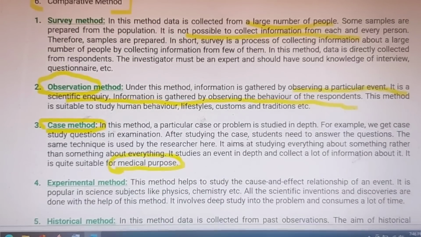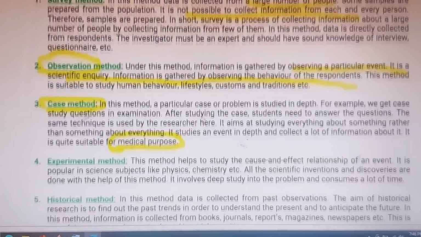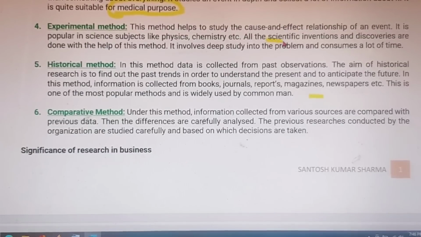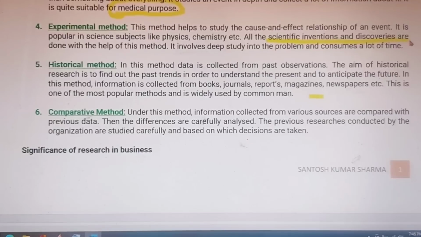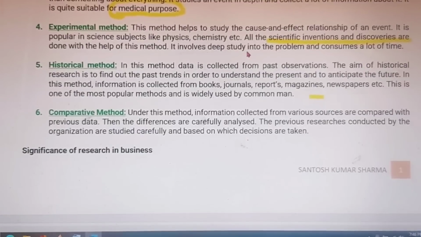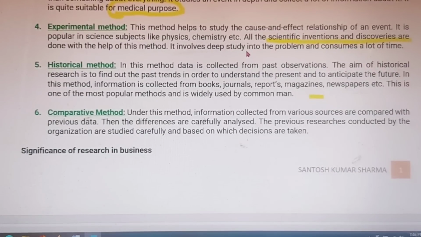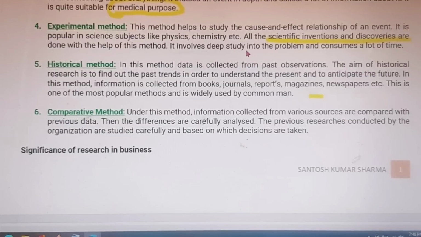The next method is experimental method. As the name implies, here the researcher does an experiment, and this method is applicable to scientific inventions and discoveries, where experiments are done and the conclusions are derived on a concrete base.